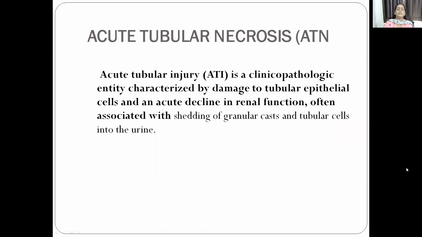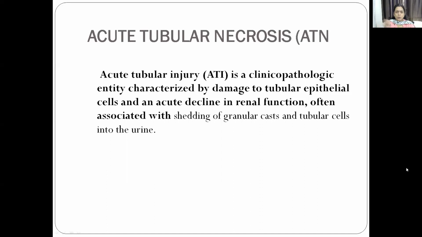So coming to today's topic is acute tubular necrosis. Acute tubular necrosis is an entity caused by damage to the tubular epithelial cells with acute decline in the renal function. Okay, so there is acute decline in the renal function because of what? Because of the tubular damage. So whenever there is a tubular damage, the tubular cells are getting detached and then they are thrown out.